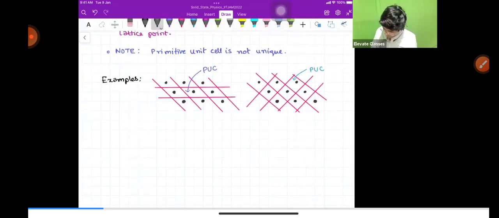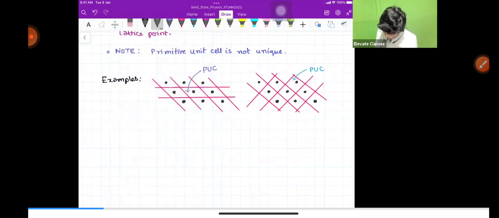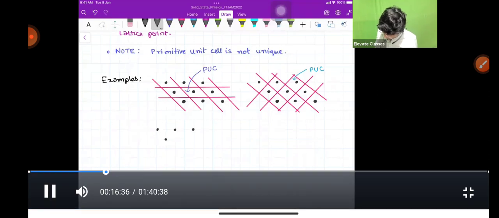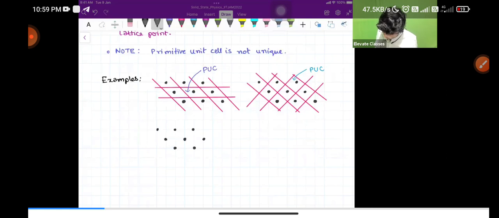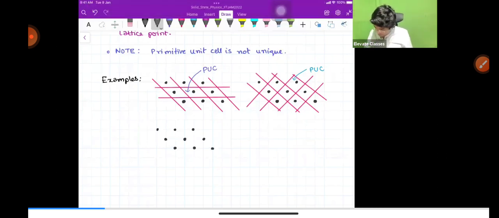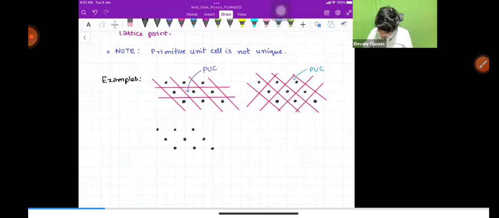Similarly, we could have another structure. It need not be placed at the center. The way I have drawn it in these two, it's almost at the center. So it could happen that the lattice point is not at the center. Maybe it's like this.